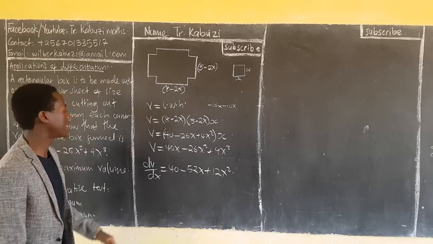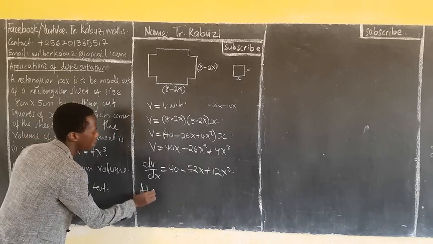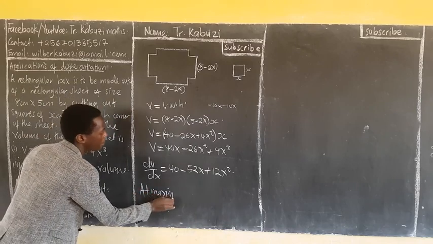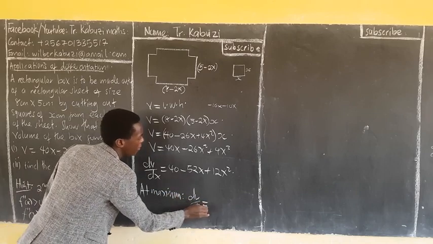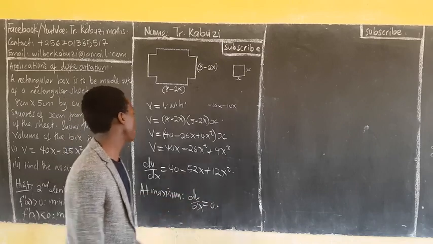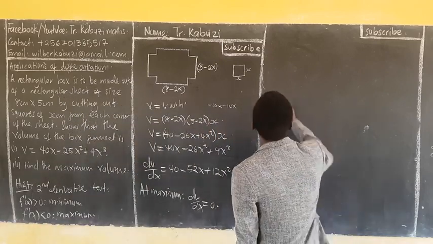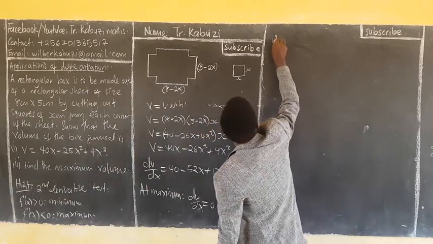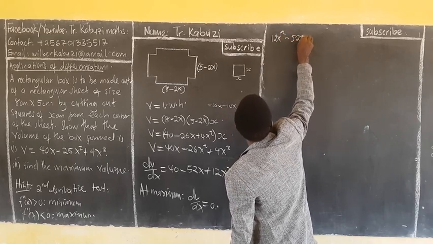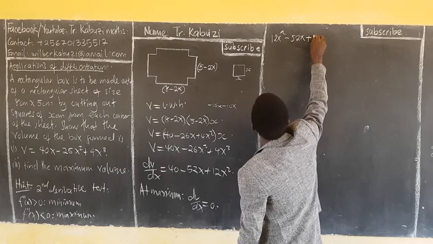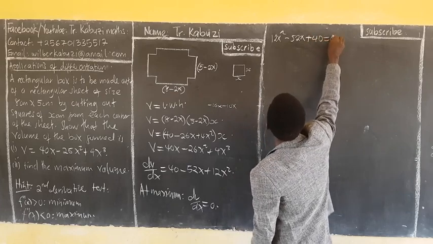So that now, at maximum volume, we know that always our derivative dV/dx will be 0. So equating this to 0, we'll be having 12x squared minus 52x, then plus 40 equaling to 0.